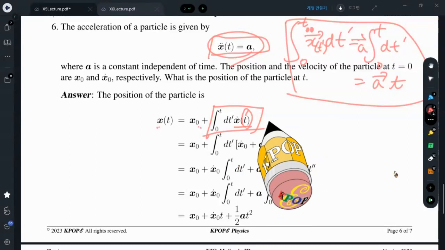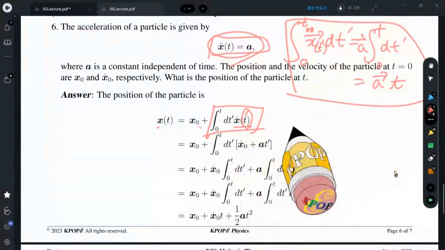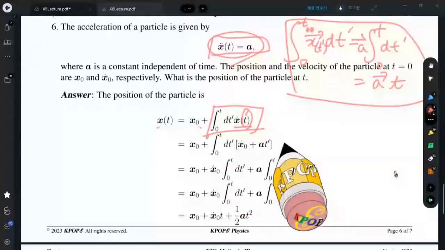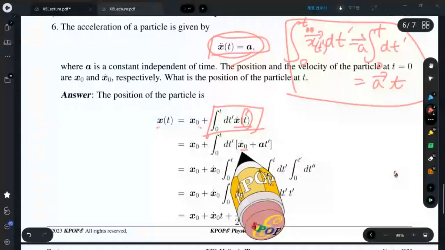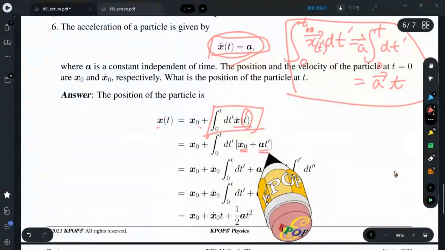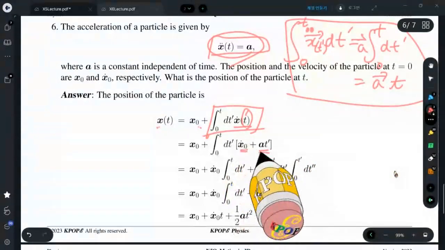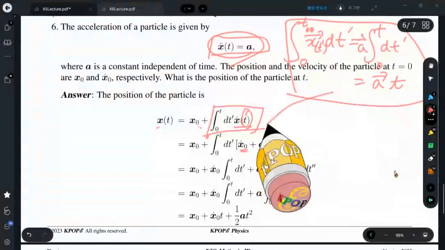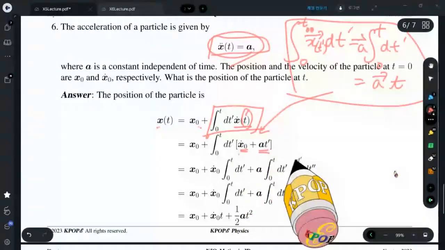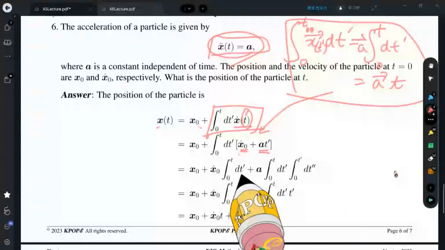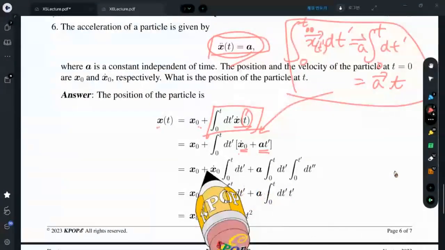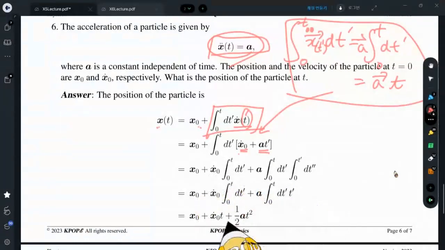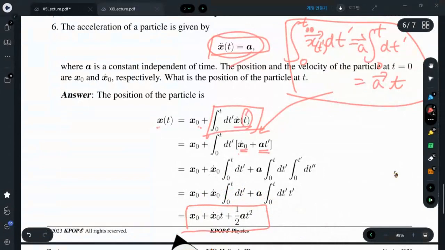So I can substitute the difference between the initial value and the change. Okay, I substitute this result here to find that. Finally, I can repeat the integration. The final result is this.